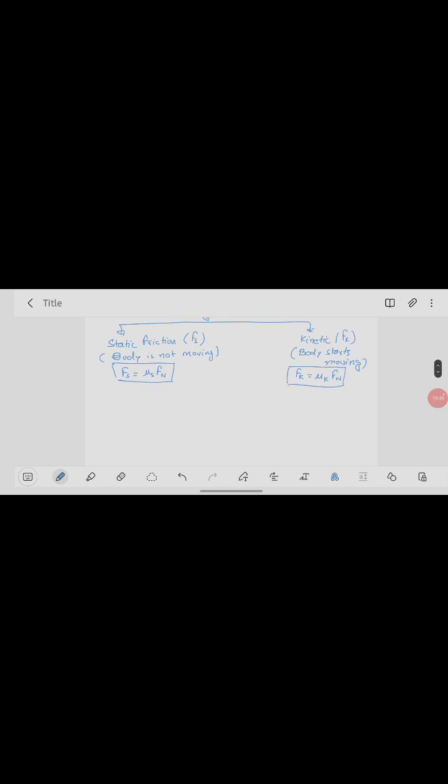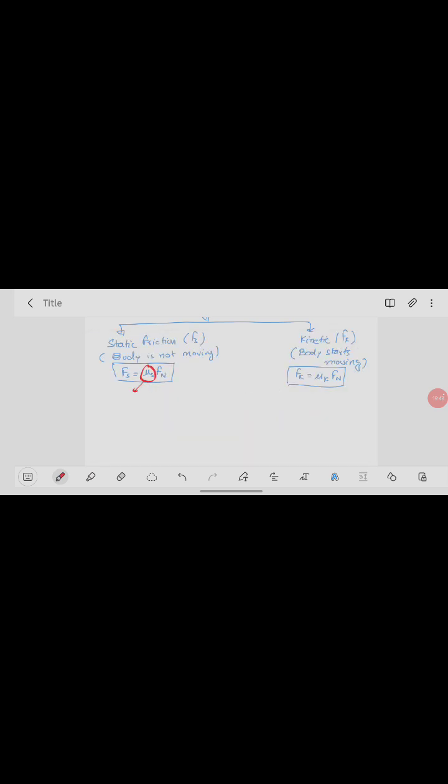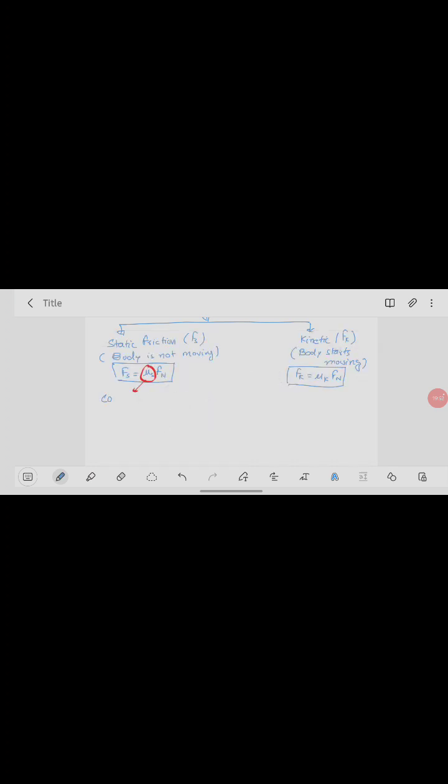It means here this mu s is called the coefficient of static friction.